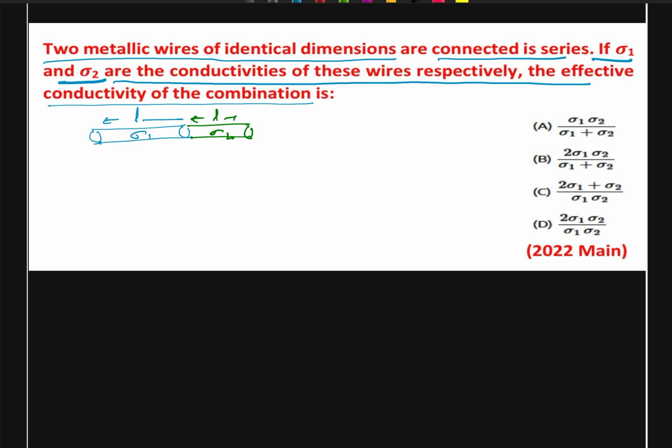And so when they are combined, we can represent them by a single wire whose length will be about 2L, and its conductivity, let us call this the equivalent.